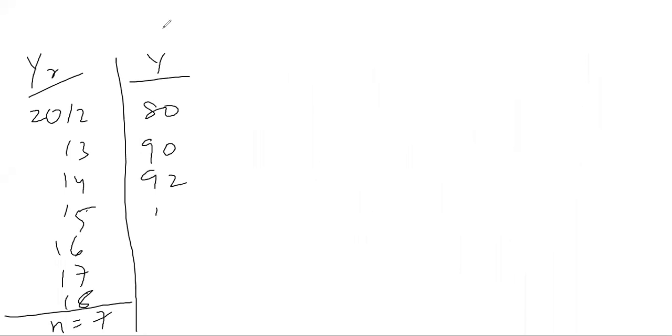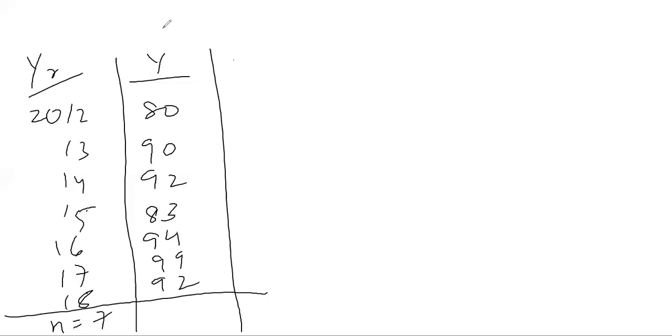This is 12, then 13, 14, 15, 16, 17 and 18. So you have the same question. Your n is 7. Your figures are same. Y values, which is your 80, 90, then 92, 83, then 94, 99 and 92.